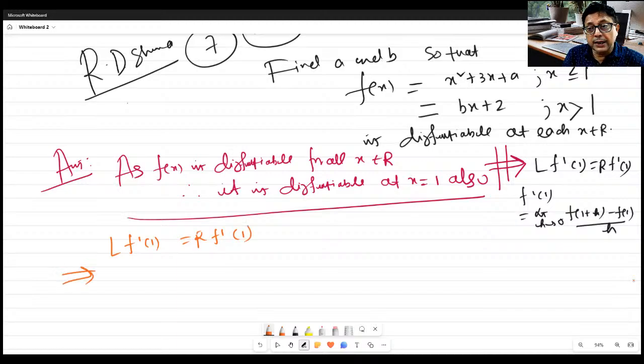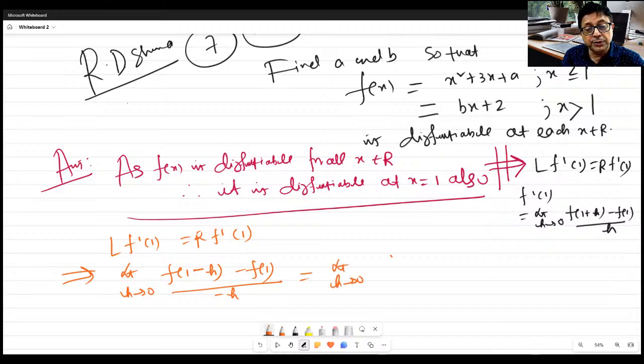This implies the limit as h tending to 0 of (f(1-h) - f(1))/(-h) and the limit as h tending to 0 on the right side. Clear?